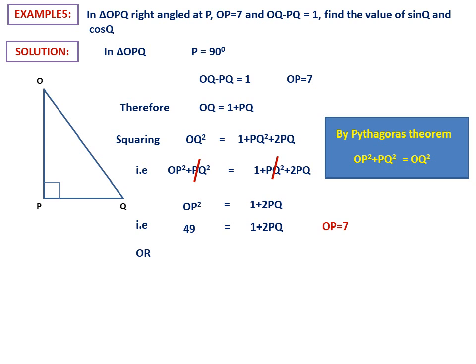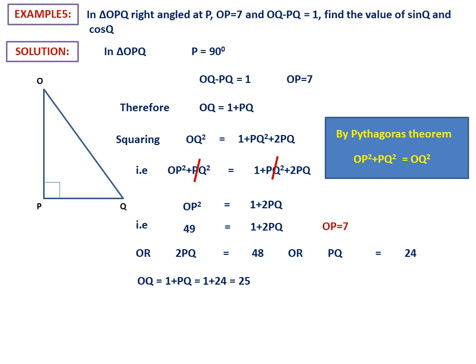Using this we can find PQ. Therefore 2PQ will be equal to 48, taking 1 to the left side. So 2PQ equal to 48, or you can write PQ equal to 24. So PQ side is 24.